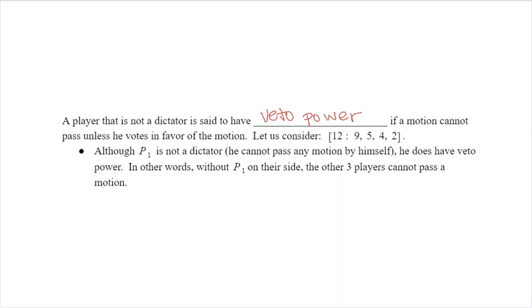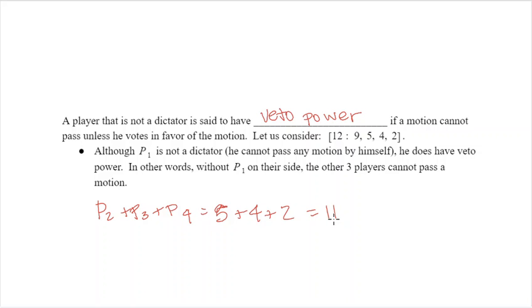Player 1 cannot pass a motion by himself. He has 9, not 12, but he does have veto power. So the other 3 players do not have enough votes to pass a motion without player 1. So if we look at player 2, player 3, and player 4, we have 5, 4, and 2, which is 11 votes.